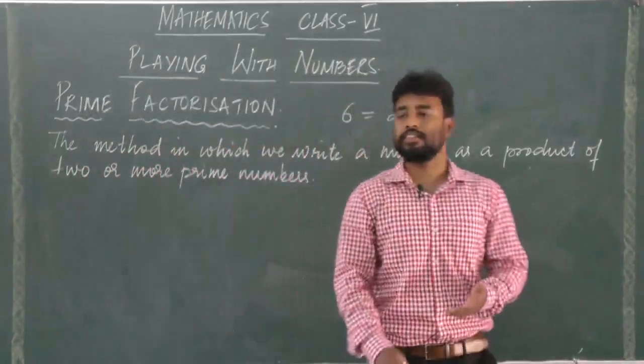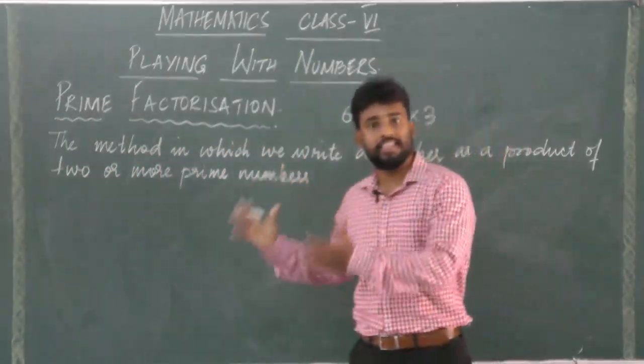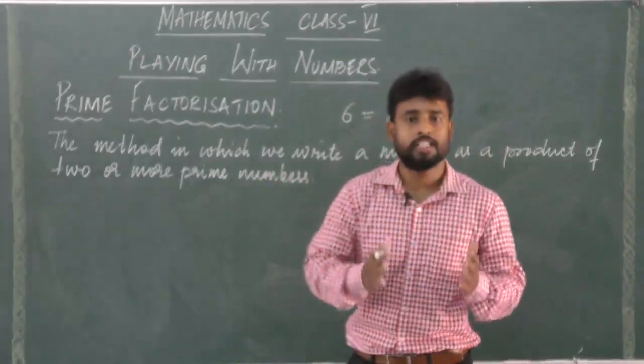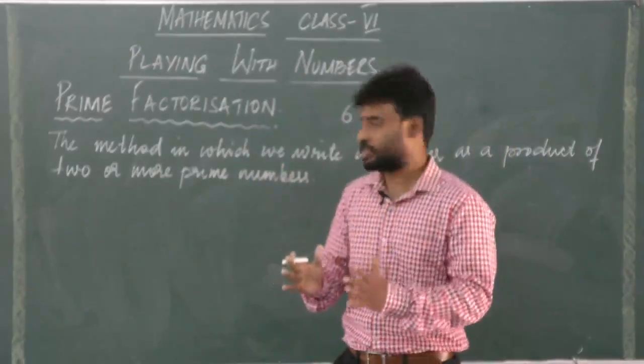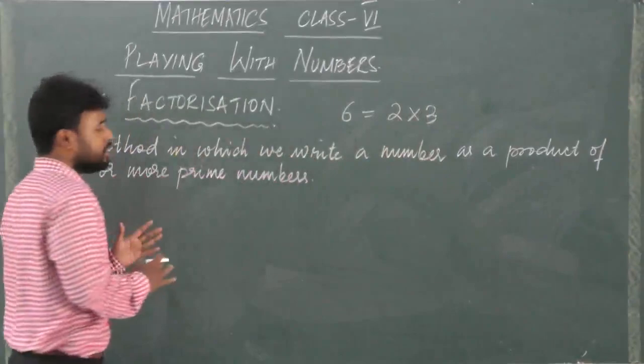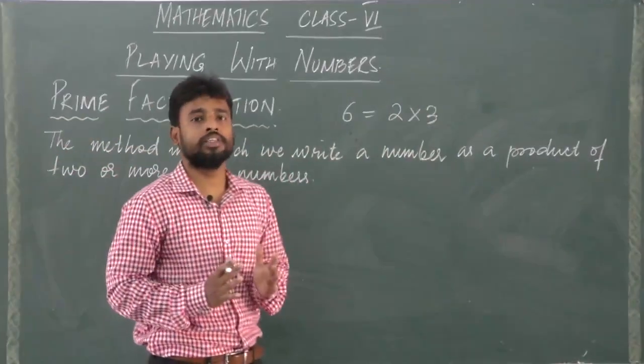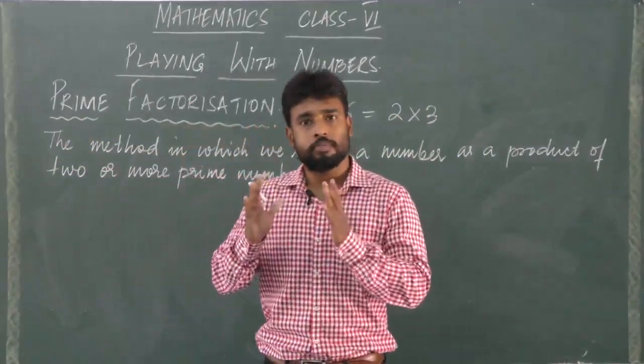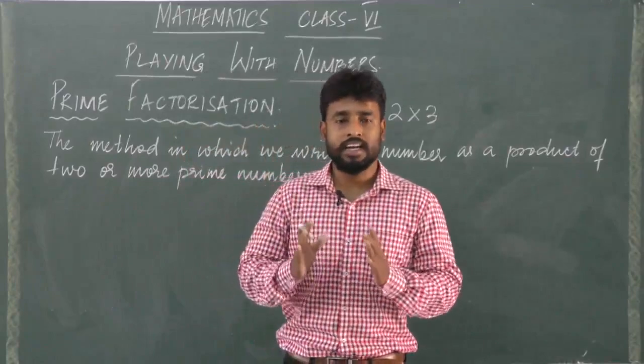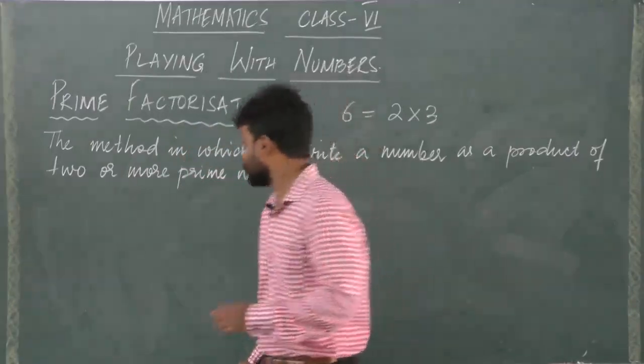Okay, so we understand that prime factorization is basically writing a number as a product of two or more prime numbers. Now there are two methods to prime factorize a number. Let us understand the two methods.